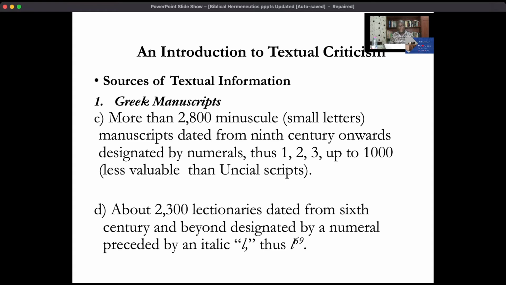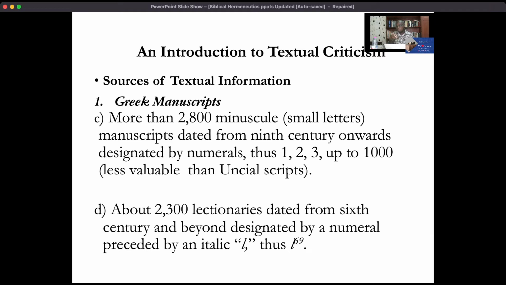So much later. And we have about 2,300 lectionaries dated from 6th century and beyond, designated by a numeral preceded by an italic L. That's L69. It means that we have about 2,300. So L means lectionary, and lectionary is the reflections of church fathers in their writings. Then they cited or quoted New Testament texts.